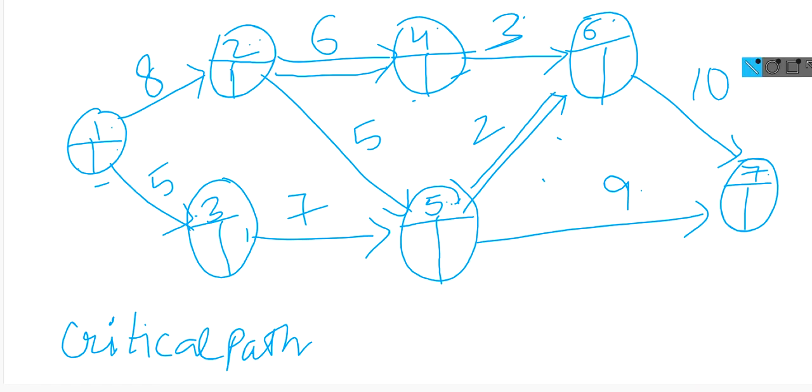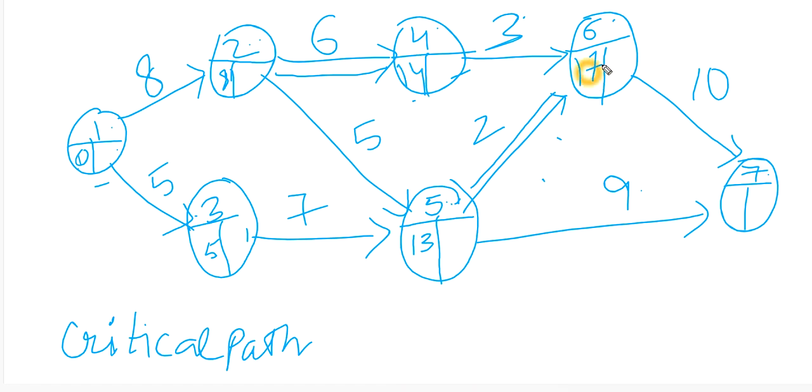So now again we'll make the network 0 plus 8, 0 plus 5, 5, 8 plus 6, 14, and for here 5, again we'll take the larger one, that is 13, 8 plus 6, 14. Now 14 plus 3, 17, and 13 plus 2, 15. So I'll take the larger one, 17.